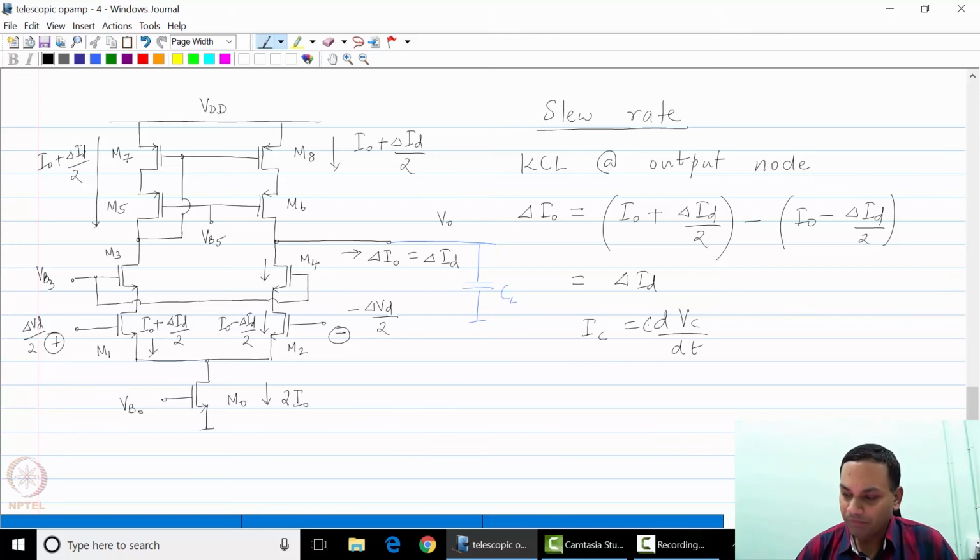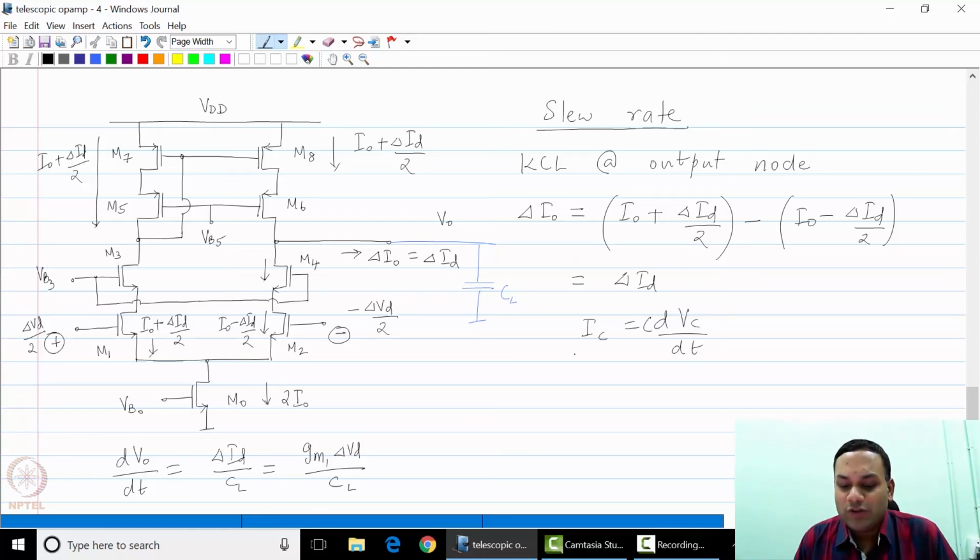This means that dVO by dt is nothing but delta ID over C, and for small signals this is nothing but GM1 delta VD by CL.